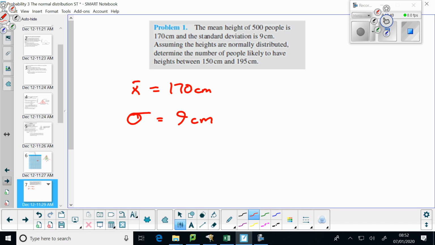I'm assuming that these heights follow a normal curve, where this is 170 centimeters, the middle, and we've got one standard deviation of 9 centimeters.